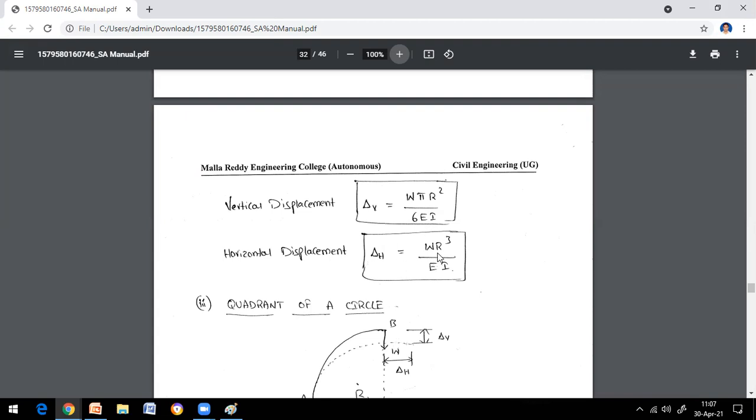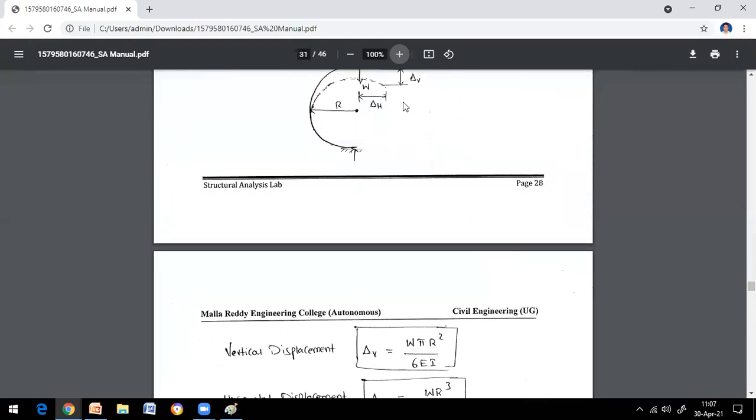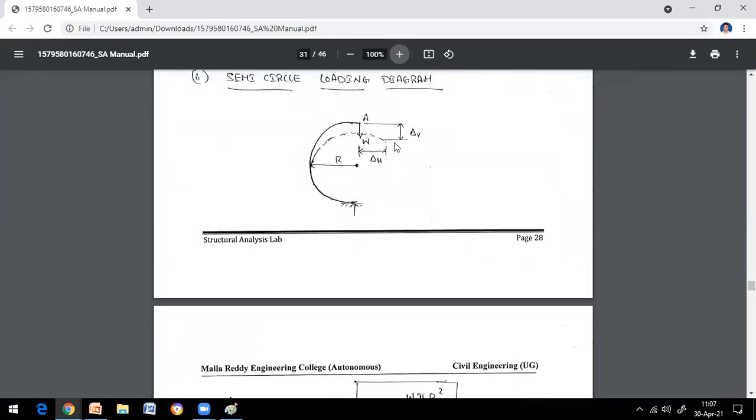Horizontal displacement is WR cube by EI. So you have to calculate these two values and see whether the values are similar with the dial gauge readings or not. That is how you are going to compare theoretical value and experimental value for the semicircular loading diagram. And R will be the radius of the semicircle.